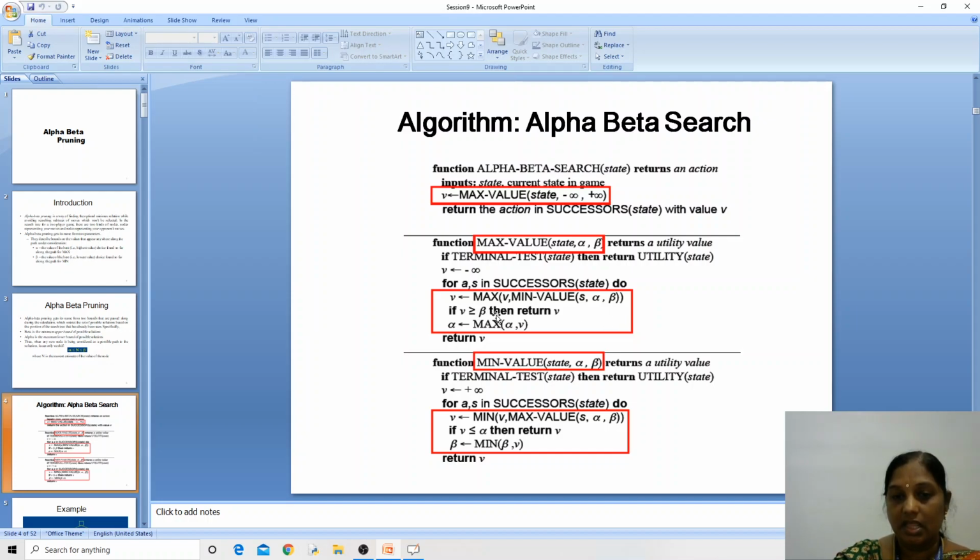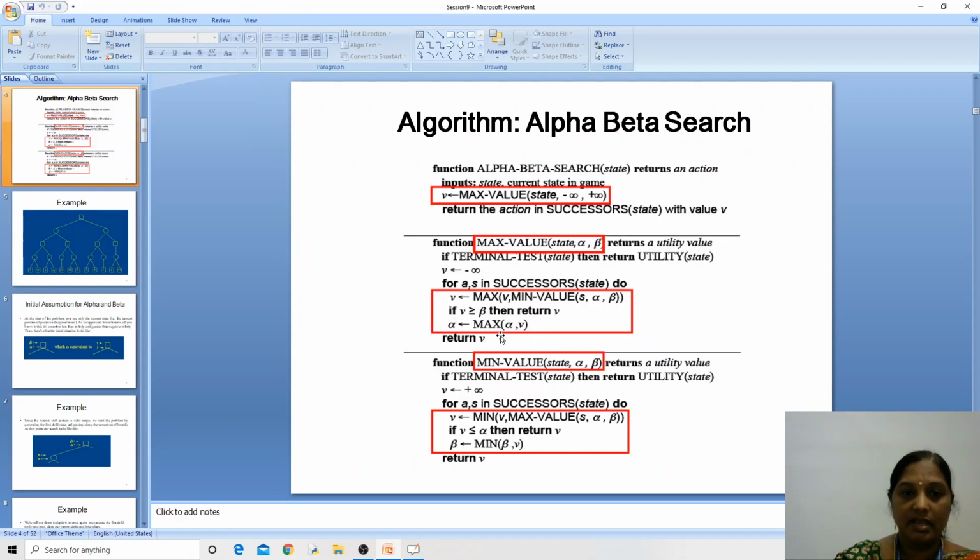If it is greater than or equal to beta, then you return that value. Otherwise you assign the max value. So here you are applying the pruning. If v is greater than or equal to beta, there is no need to go for further search, so you directly return v.